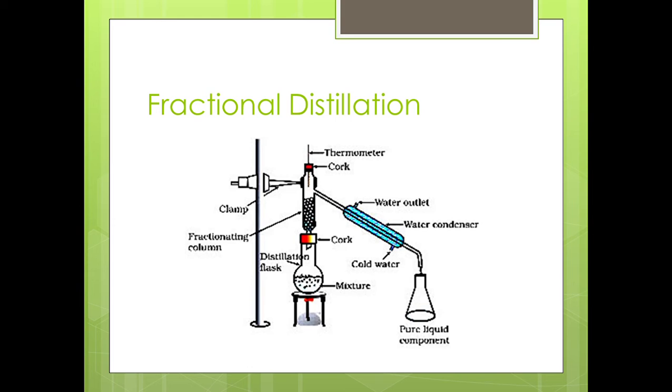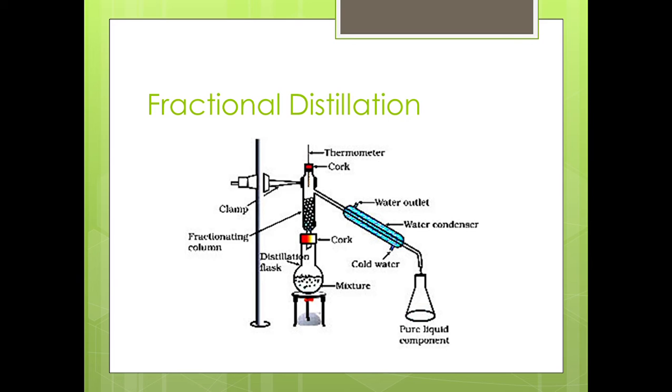Now this is a picture of fractional distillation where you would see a fractionating column, a thermometer, the water outlet same as a Liebig condenser in simple distillation, and the receiver flask. Now friends, the glass beads in the fractionating column have a function.